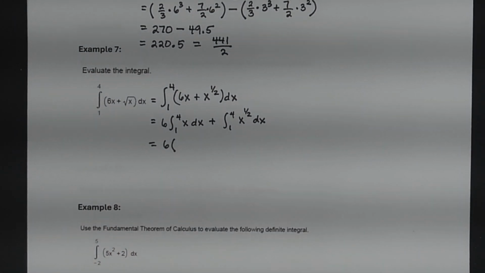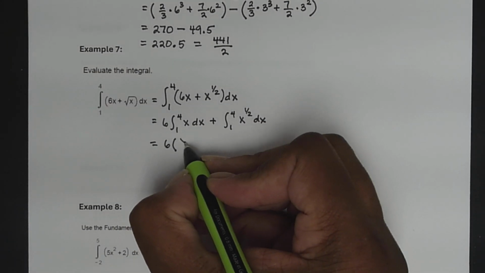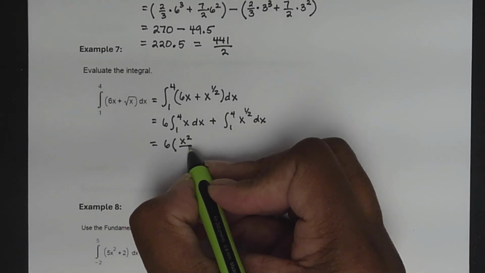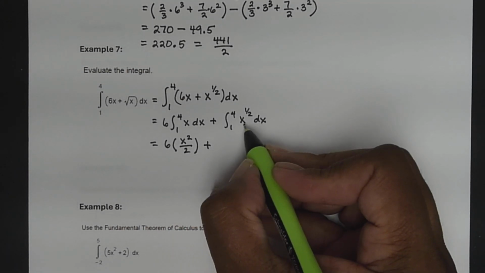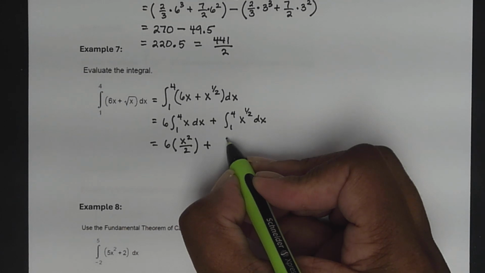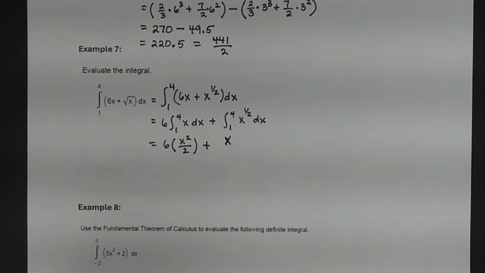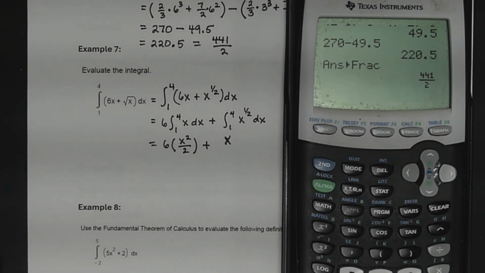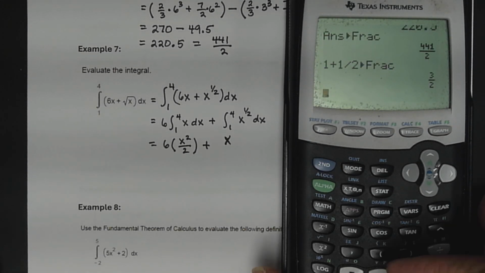So for the 6, the integral of x dx, we increase the power by 1, so it'll be x to the 2nd divided by 2, plus, and for the integral of x to the 1/2 dx, we increase the power by 1. So this will be x to the 1 plus 1/2, and you can do this in the calculator. 1 plus 1 divided by 2, and then press the math key and number 1 for fraction. That would give you 3/2.